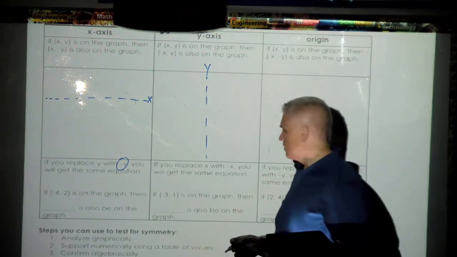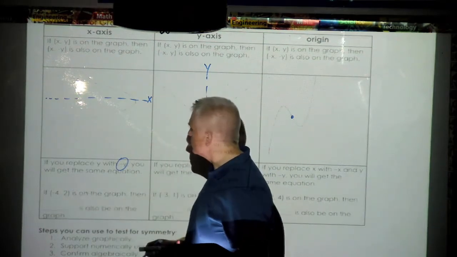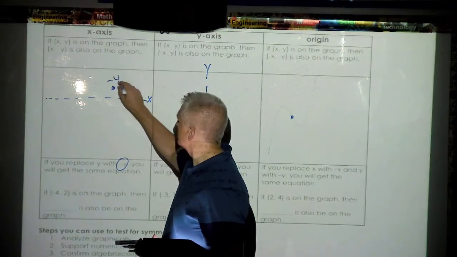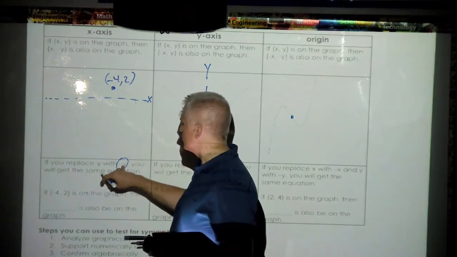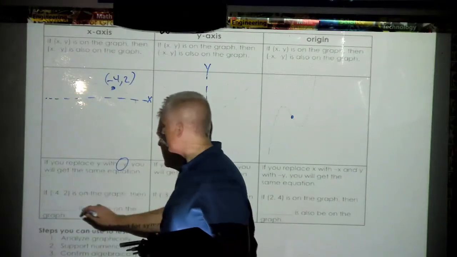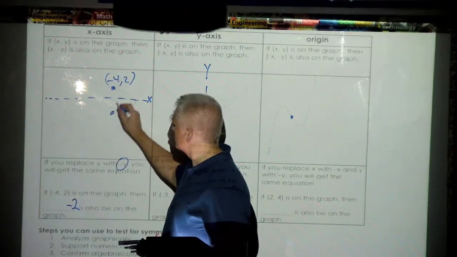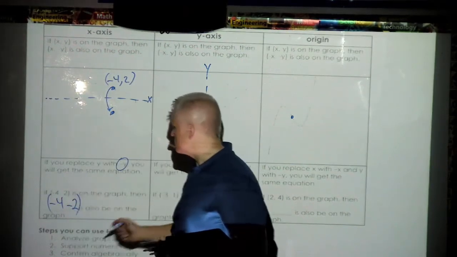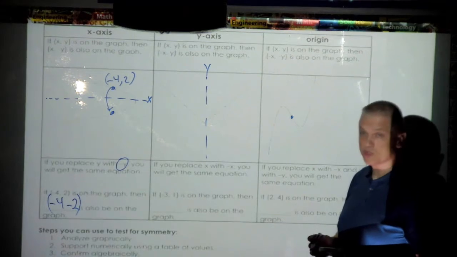So if you've got negative 4, 2 somewhere, you fold it down, you change the y coordinate, so the 2 would become negative, but the x coordinate would be the same. Negative 4, negative 2 would also be on that graph. And again, this is back from your geometry time.